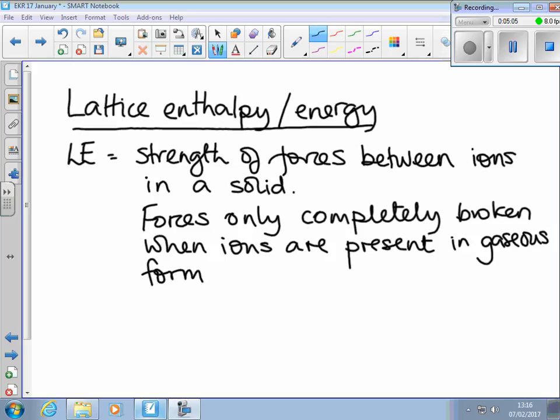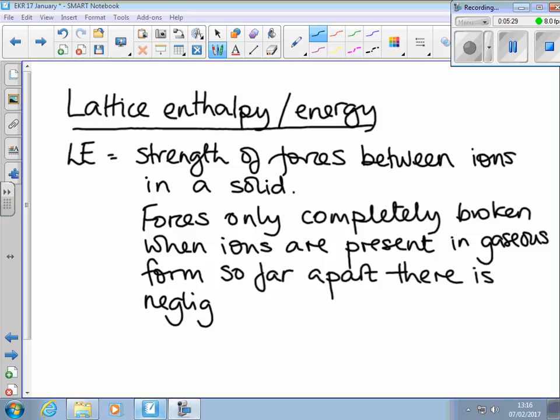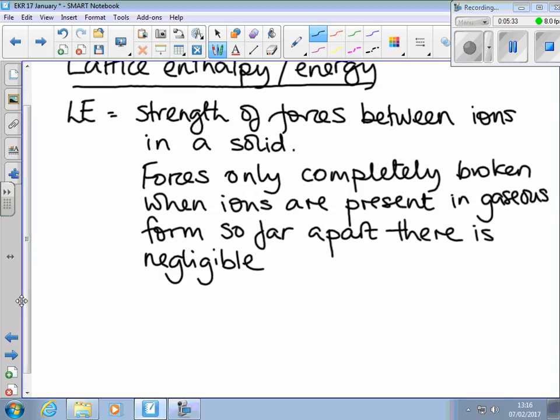So in gaseous form, let's say so far apart, and this is part of the assumptions that we make, there is negligible attraction between them, so much you can ignore it.